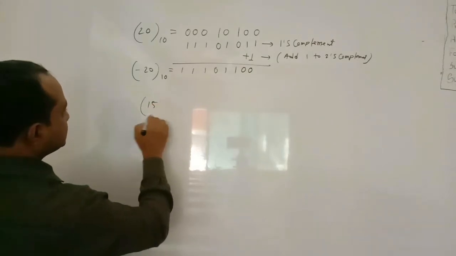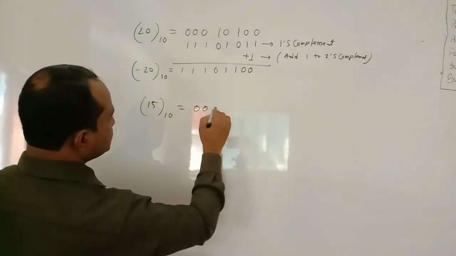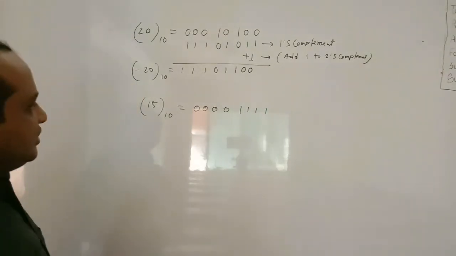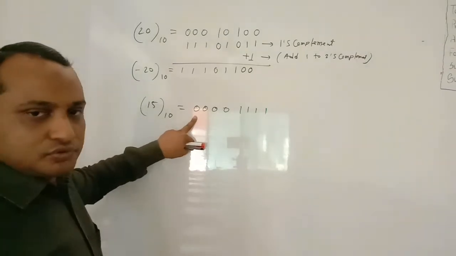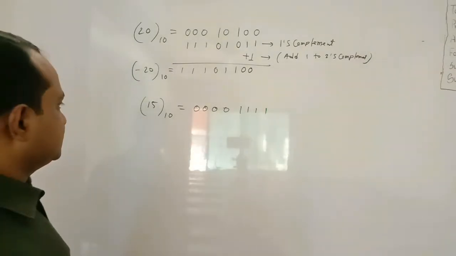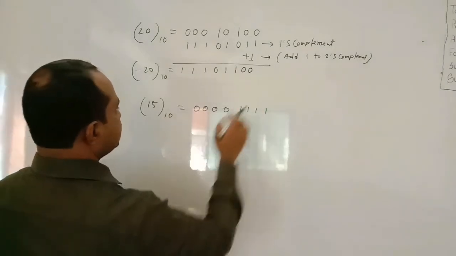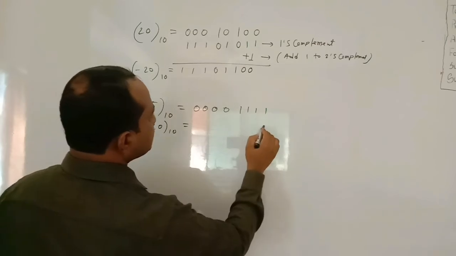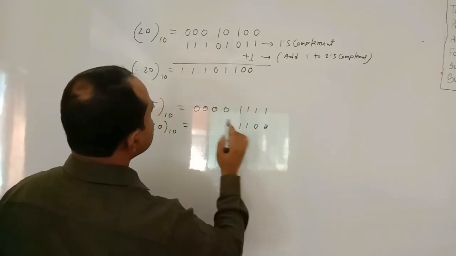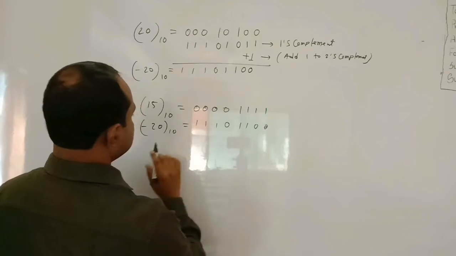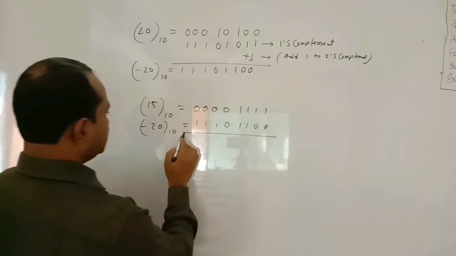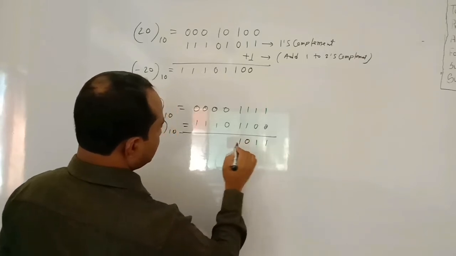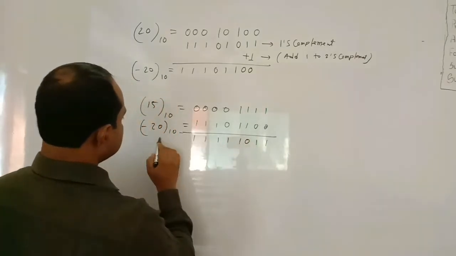Again write 15: 0 0 0 0 1 1 1 1. This is 15. I use four 0s to make it an 8-bit register, and I will write this number below it: 1 1 1 0 1 1 0 0. Adding them gives 1 1 1 1 1 0 1 1.